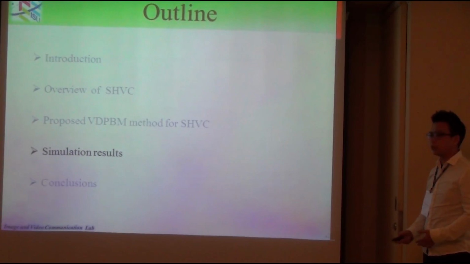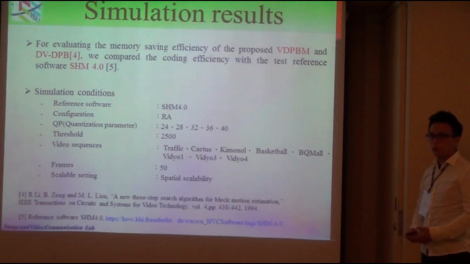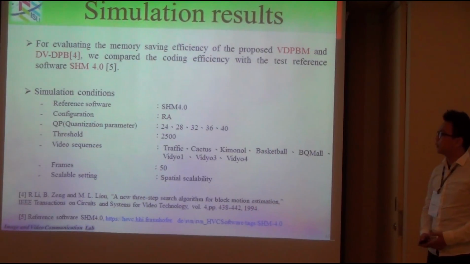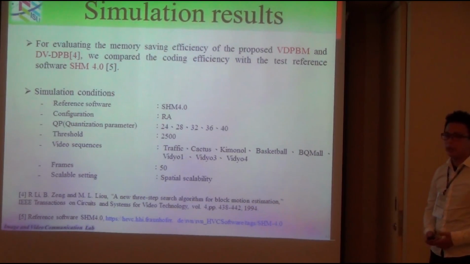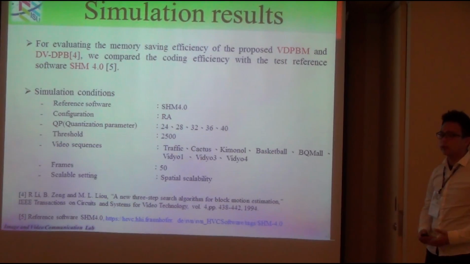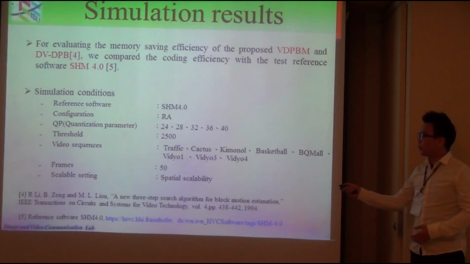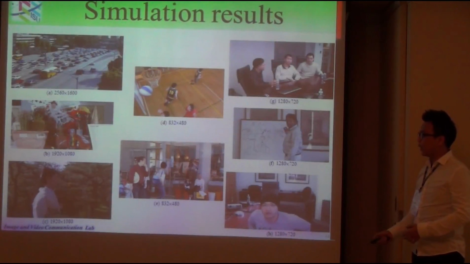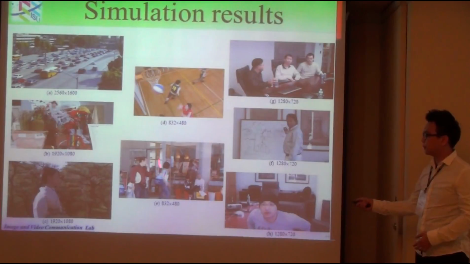For the simulation result, to evaluate the memory saving efficiency of the proposed VD-DPB and the DV-DPB, we compare the coding efficiency with the test reference software SHM 4.0. The simulation condition and the test sequences are as follows.